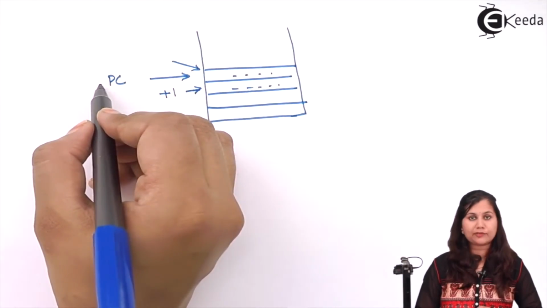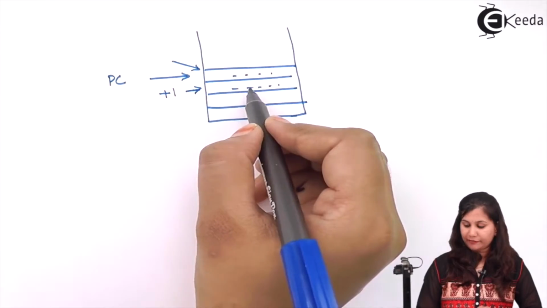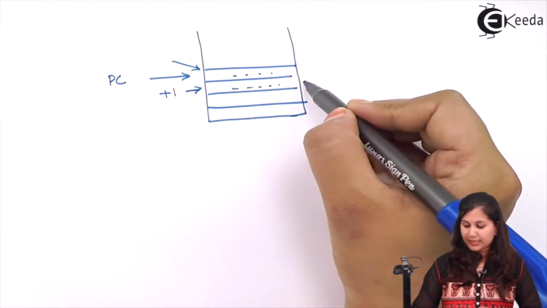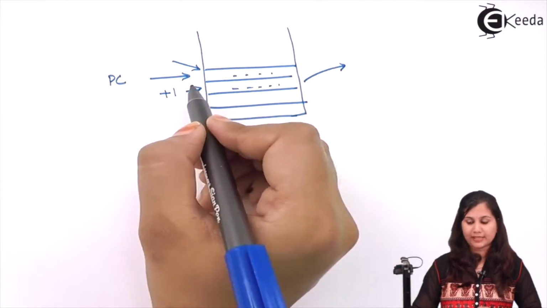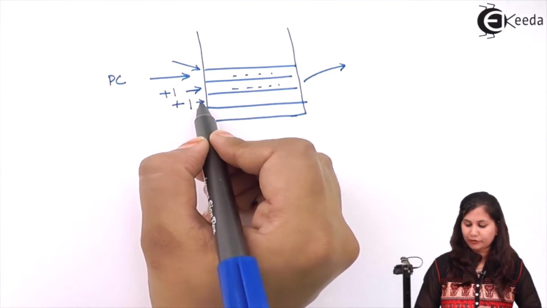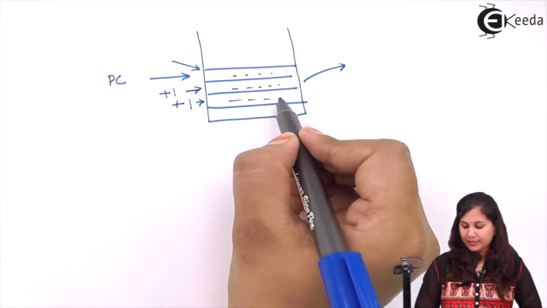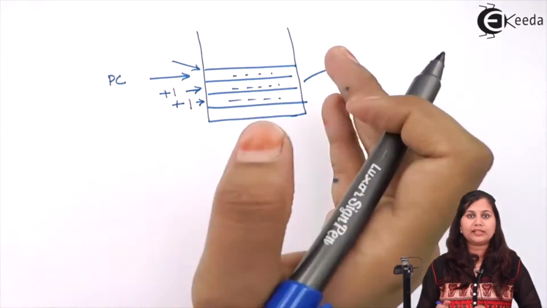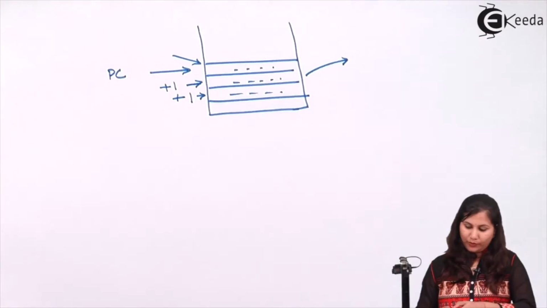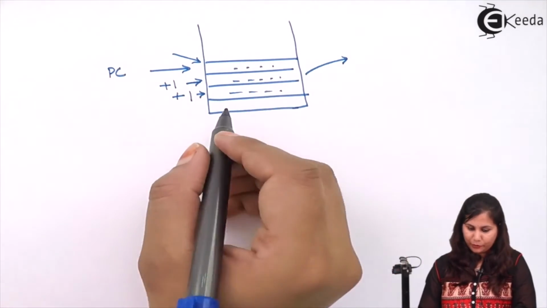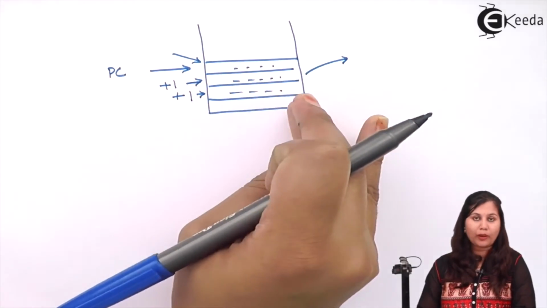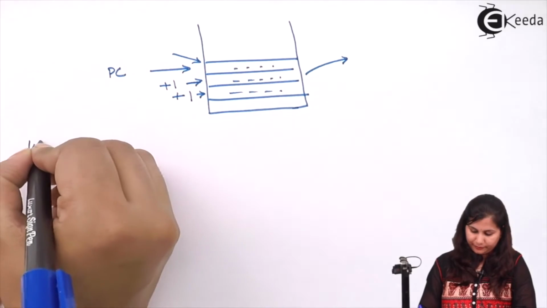It will check the address from the program counter and will fetch the next instruction from this memory location. When this instruction has been fetched by the microprocessor, the program counter is again incremented by 1 and then it will point to the next instruction. So in this way the microprocessor gets the memory location of the next instruction. So when a byte is fetched, the program counter is automatically incremented and it is going to point to the next memory location.